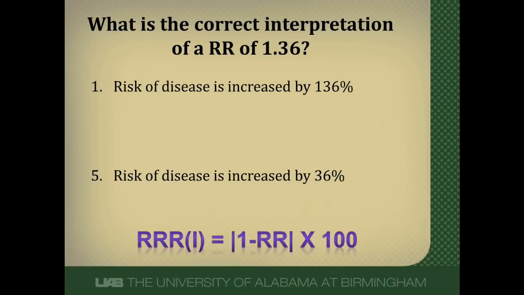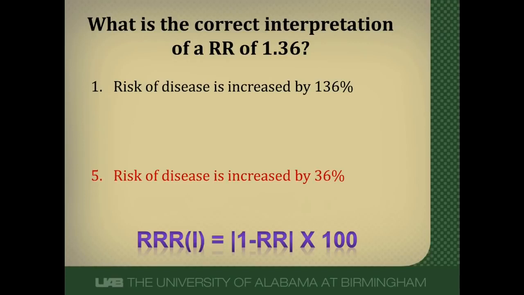And this is a useful formula to figure out this answer. The relative risk increase or relative risk reduction is the absolute difference between 1 minus relative risk, and then you multiply it by 100. And so because my relative risk is 1.36, I know I have to calculate a relative risk increase. And when I run my numbers through, I know my answer should be number 5, or 36%.